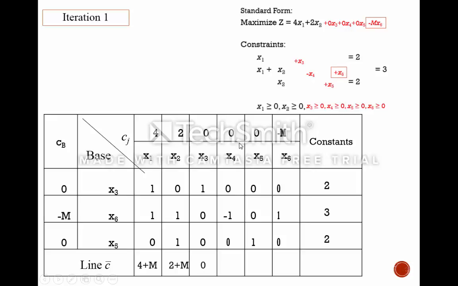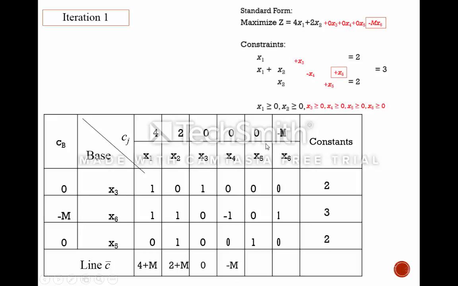And the fourth is 0 minus 0 times 0, minus M times minus 1, minus 0 times 0, and the result is minus M.